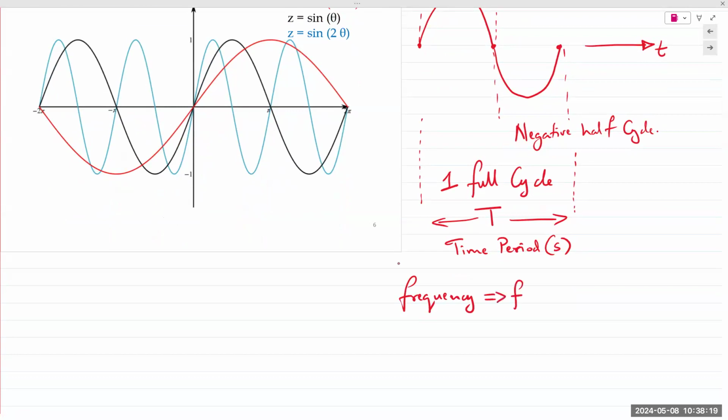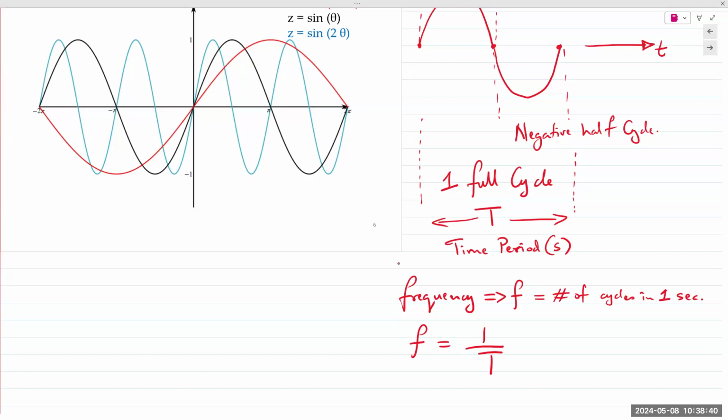Frequency is lowercase f. It's equal to the number of cycles in 1 second. The relationship between f and T is that they are inverse of each other.